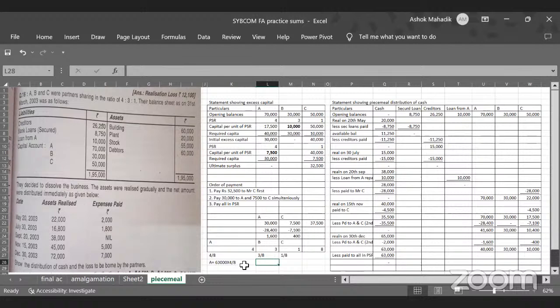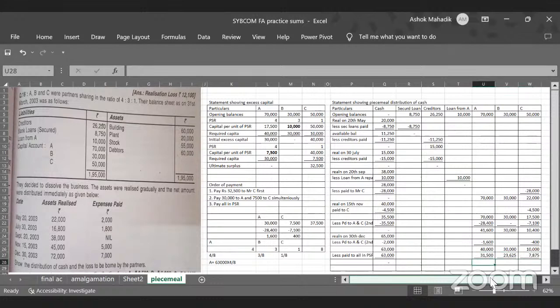Same way for B and C. So I'll do it here: 63,000 into 4 by 8 for A. Now for B, again 63,000 into 3 divided by 8. Now for C, again 63,000 into 1 divided by 8. If you add these three, your total will be 63,000 only.